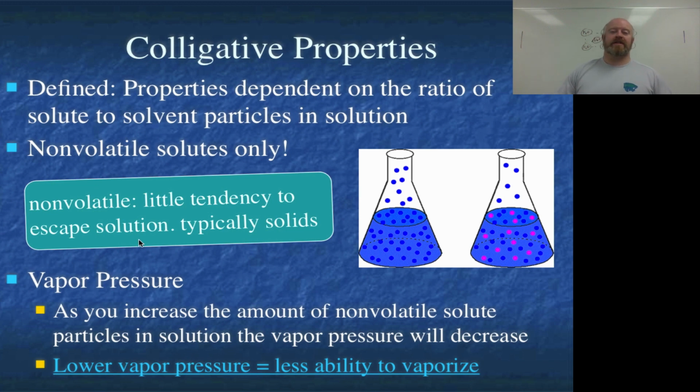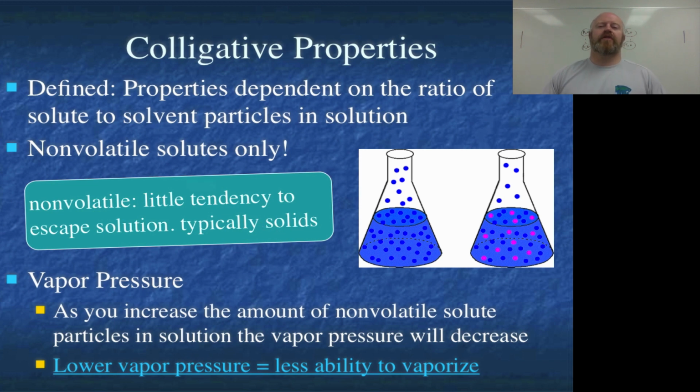Salt would be a great example of a non-volatile solute because you dissolve it in water, and it's basically going to stay in there. Ether, which is a very lightweight organic gas, would be an example of a volatile solute because as soon as you try to dissolve it in water, it's just going to evaporate out very quickly. So we're really not talking about gas solutes here very much. It's more focusing on solids and liquid solutes.